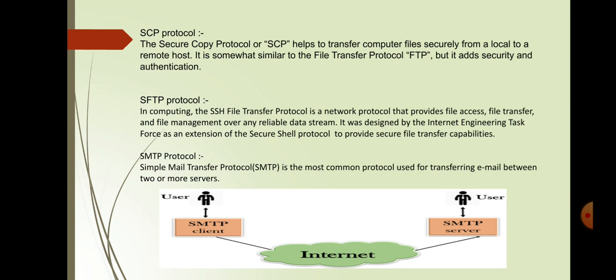In the first chapter we discussed TCP and IP protocol, HTTPS protocol, HTTP protocol, and in this chapter first we discussed FTP protocol, next SSH protocol, and now we are discussing SCP protocol. So don't be confused. In order to establish communication between two ends, we need to follow various kinds of protocols. Among all these protocols we are discussing a few of them.